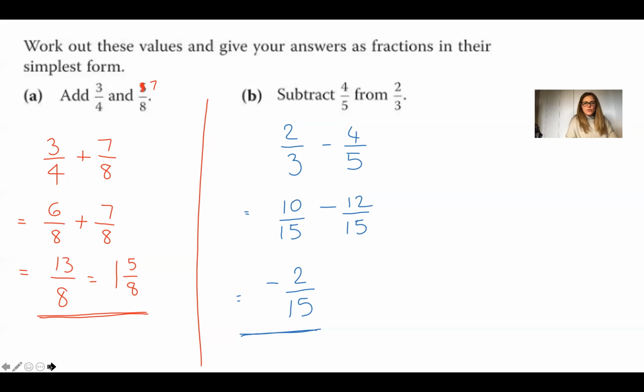We're subtracting 4/5 from 2/3. Okay, so we start with 2/3 and then we subtract the 4/5. It does mean that we result in a negative fraction of -2/15. I'm going to give you a further 3 minutes and 2 more questions.